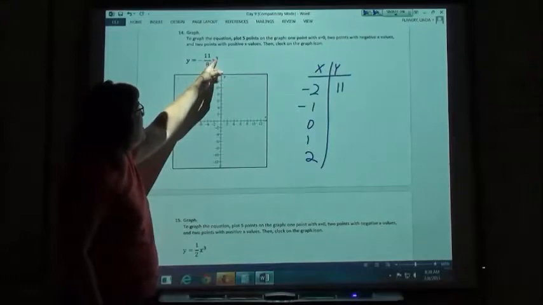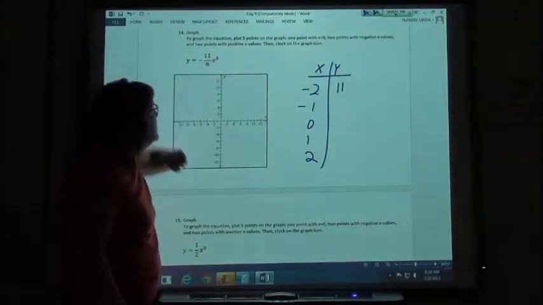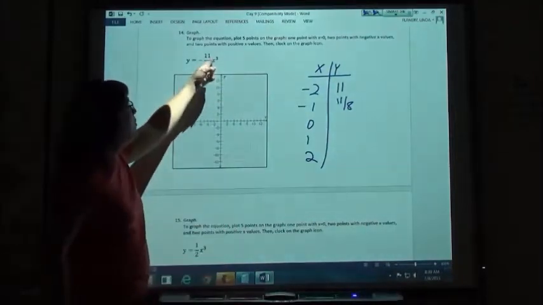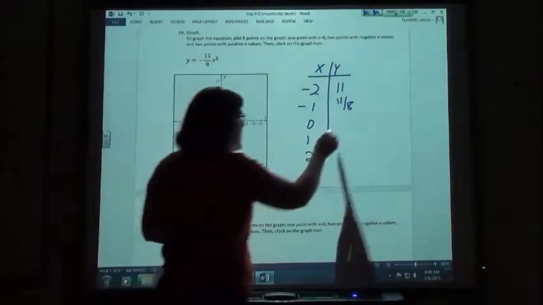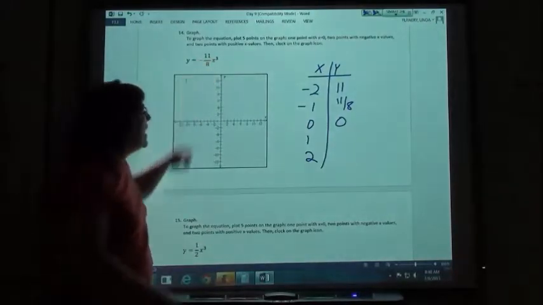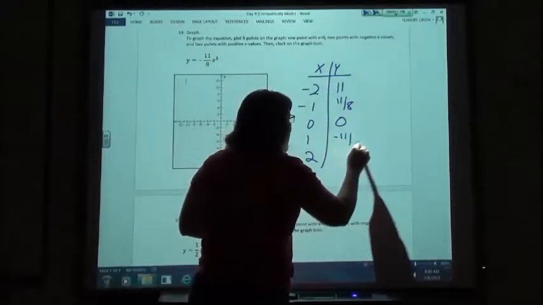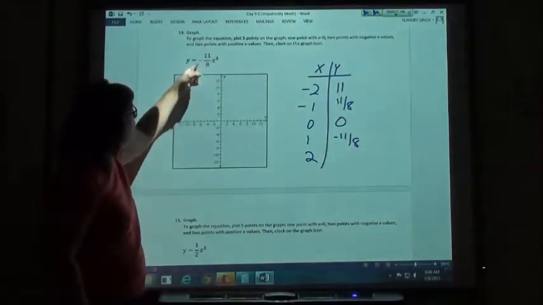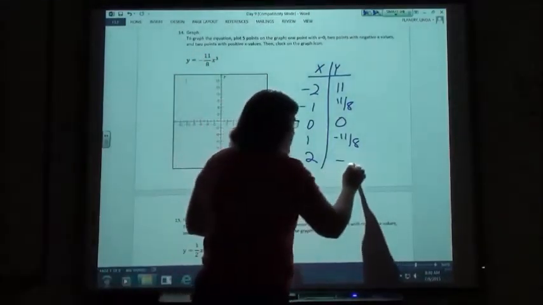Negative 1 cubed is negative 1. Negative times a negative is going to give me a positive 11/8. 0 cubed is 0. 0 times anything, still 0. 1 cubed is 1. 1 times a negative 11/8 is a negative 11/8. And 2 cubed is 8. The 8s will cancel out, so you get the negative 11.